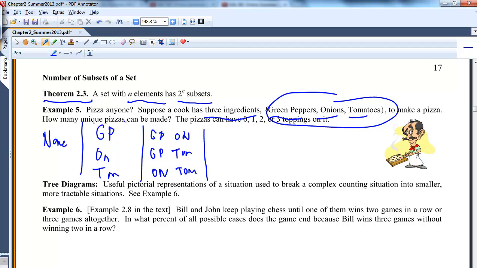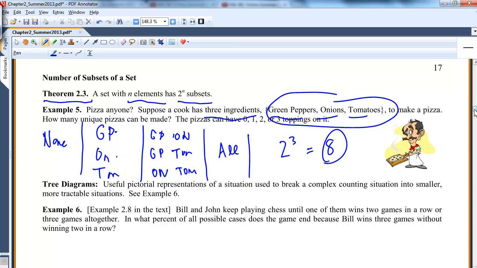So there's another. So 1, 2, 3, 4, 5, 6, 7. The last one is all items. So there's 8. So 2 to the third is 8. So there's 8 different possible pizzas you could have that include none or up to all of these ingredients.